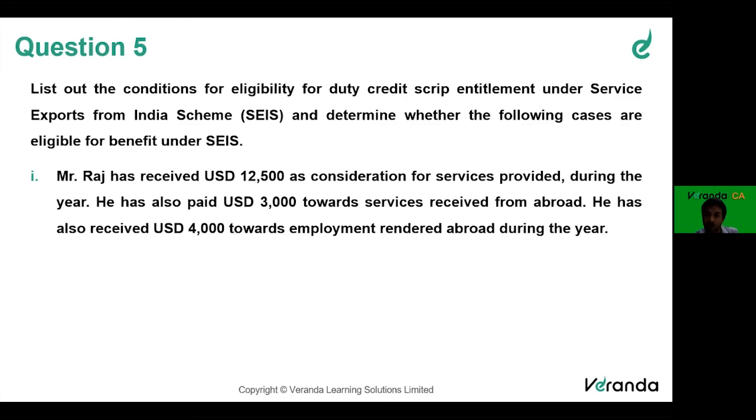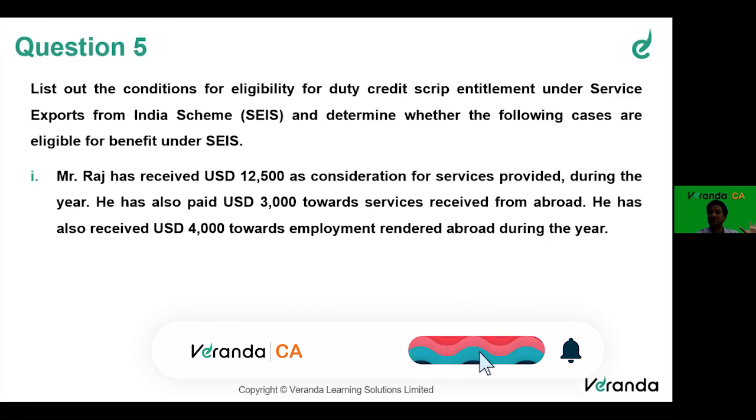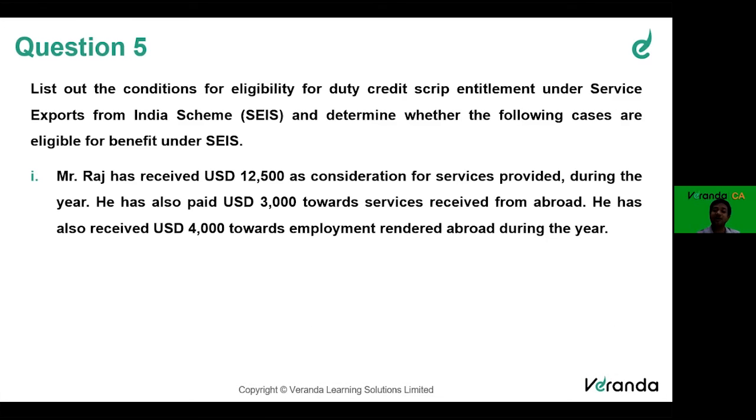I received 12,500, but 3,000 has gone out of the country again. So the net foreign exchange the country has earned is 9,500, and since it is below 10,000, Mr. Raj is not eligible for SEIS scripts here. Now, what about this 4,000? Like Ravi rightly said, this is not a notified service at all. This is employment, salary income, so it is not eligible under the SEIS scheme. Let's see the next question.